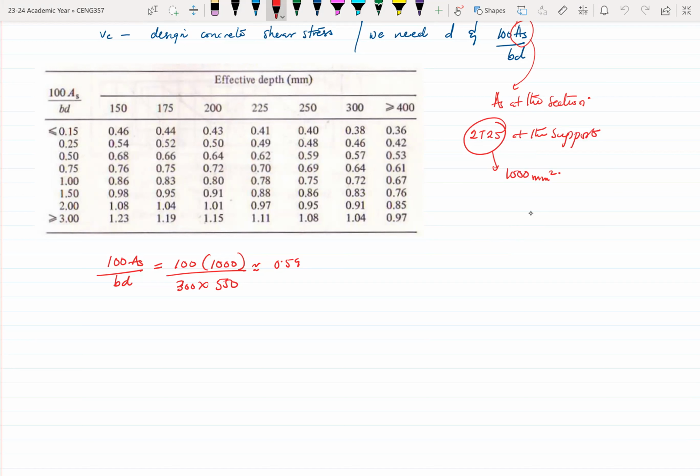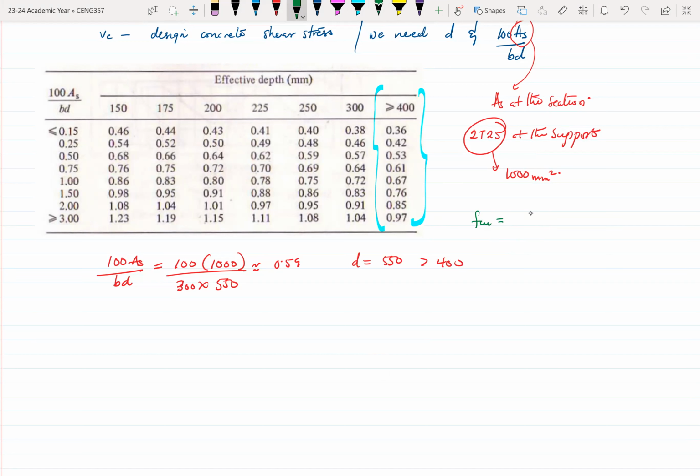So if it's 0.59 and our effective depth D is 550, which is more than 400, then it means that we are dealing with the zone right here. And please take notes, your FCU is very important.